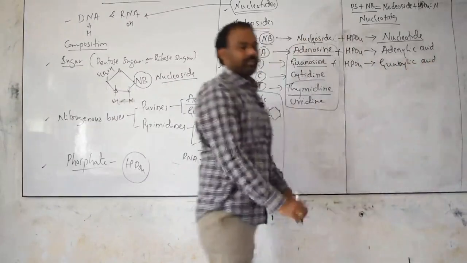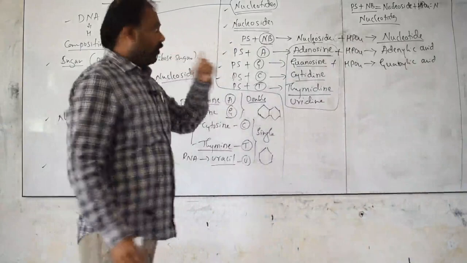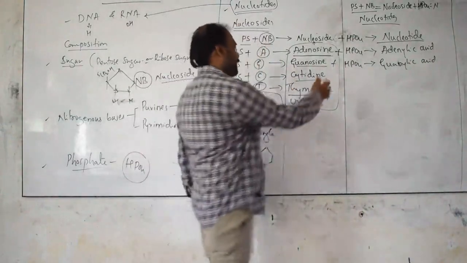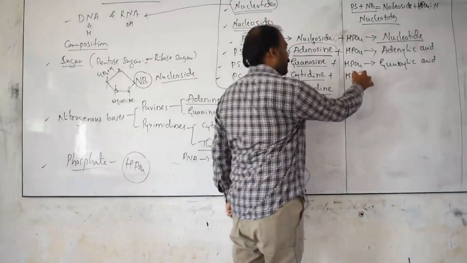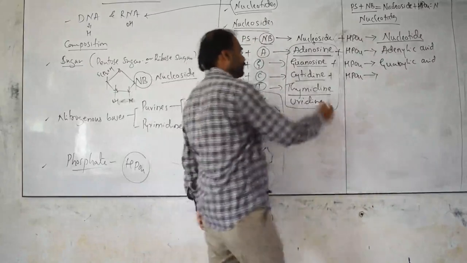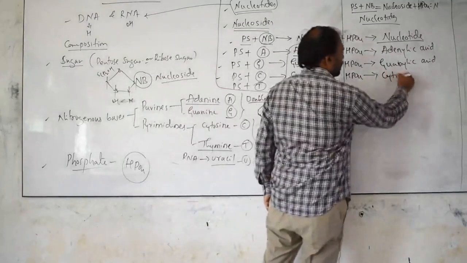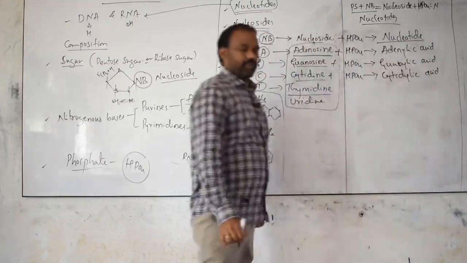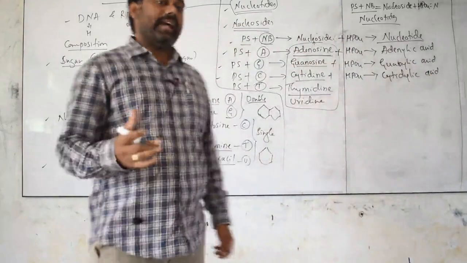This is the second nucleotide. Then third one is cytidine. Cytidine plus HPO4 yields the nucleotide cytidylic acid.